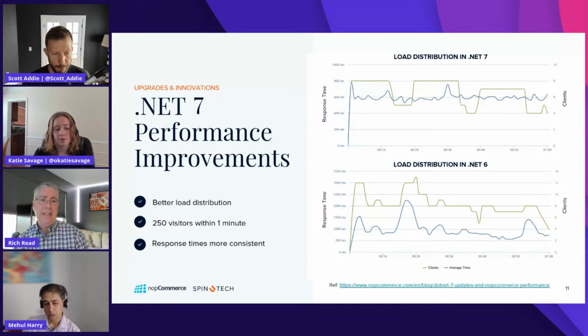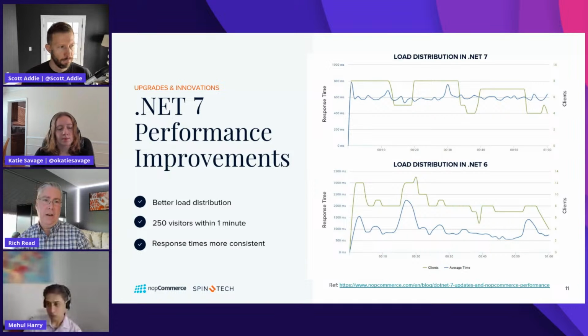Most of the upgrade work is related to changes in maybe the data access layer, or changes in the way some of the presentation is done. NOP team does a great job of minimizing the number of API changes from release to release. So it does make it a little less painful when you're doing these upgrades.